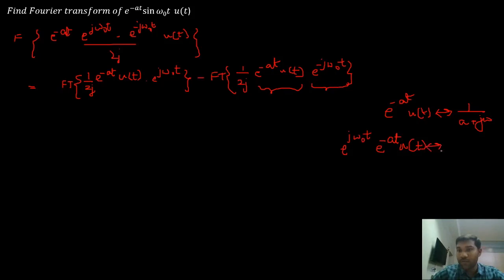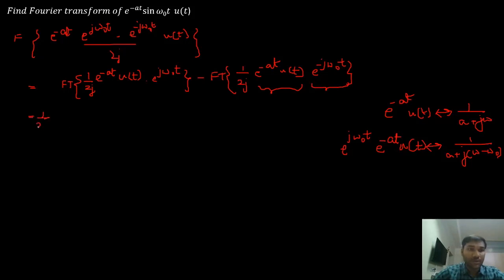Fourier transform is going to be 1 by a plus j into omega minus omega naught. So if I have a minus sign here, I'll have plus sign here. So I will substitute that.